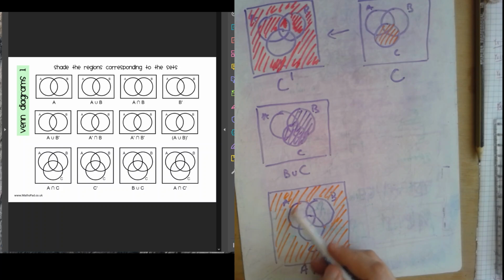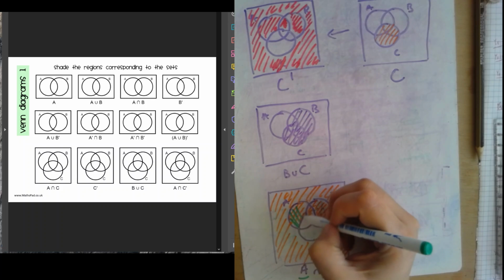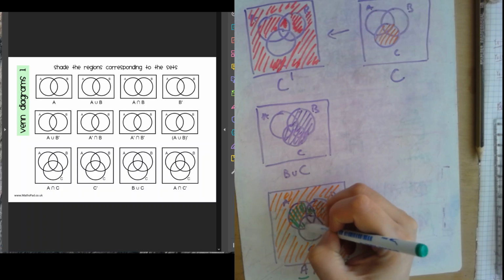Okay, so I've done those ones. Now just to colour in these parts as well. So that's my not C. Next one is my A. So A is all of this circle.